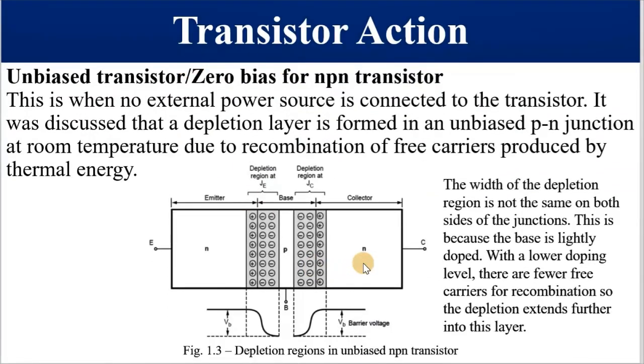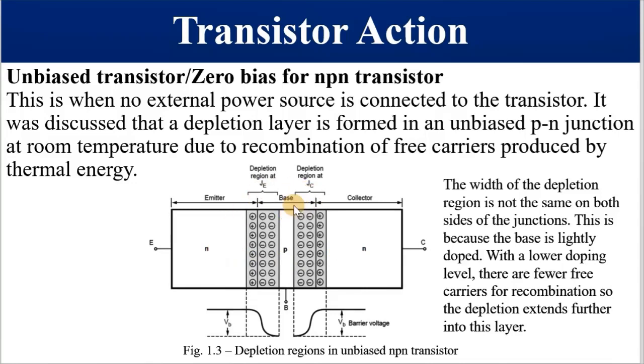Now the operation of an unbiased BJT. As you can see, no voltage source is connected. We have simply put the three materials together, and after a while two depletion regions are going to form. Please take note that the depletion region is spread more into the base than into the collector or the emitter.